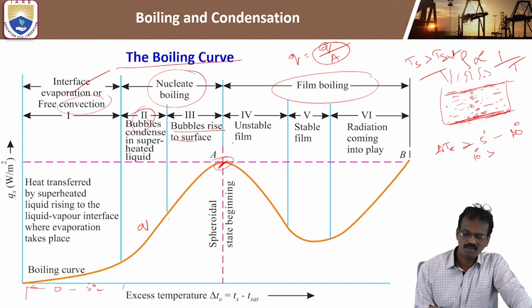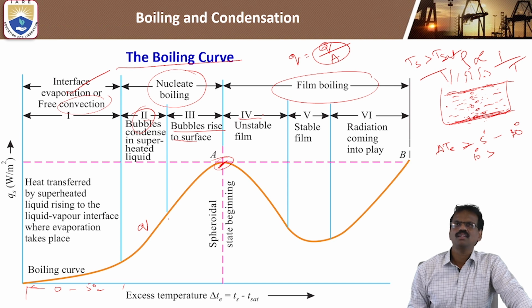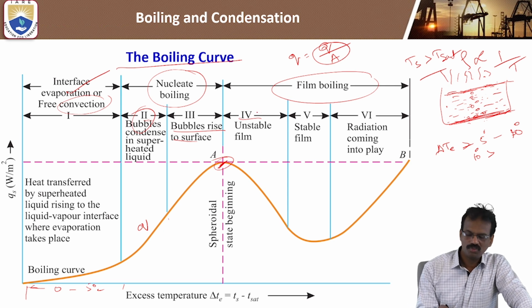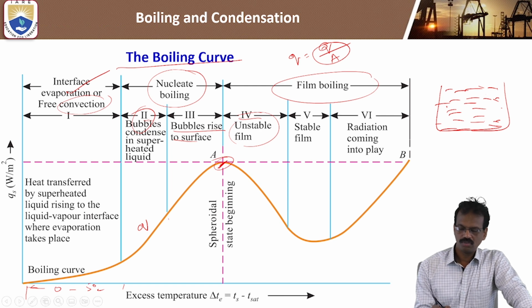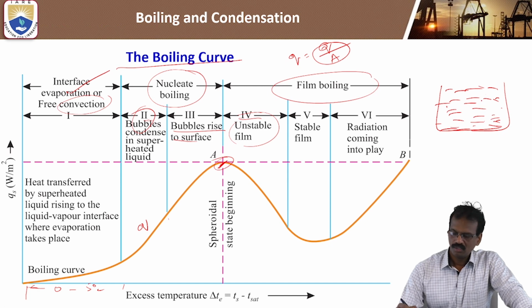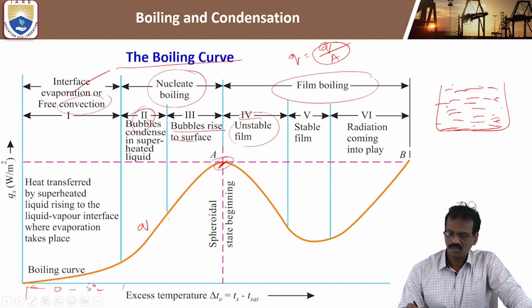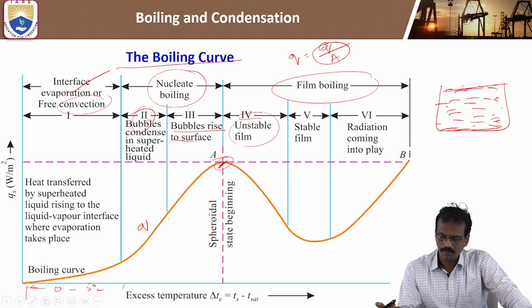In film boiling, in the fourth stage, we have the unstable film. Unstable film means that after nucleate boiling, rapid bubbles will form. These bubbles will rise to the top surface of the water. In this way, water is converted into vapor.